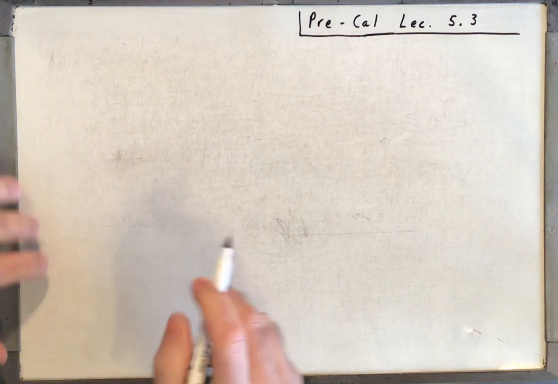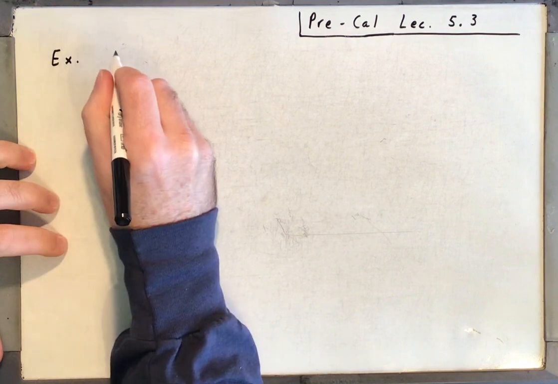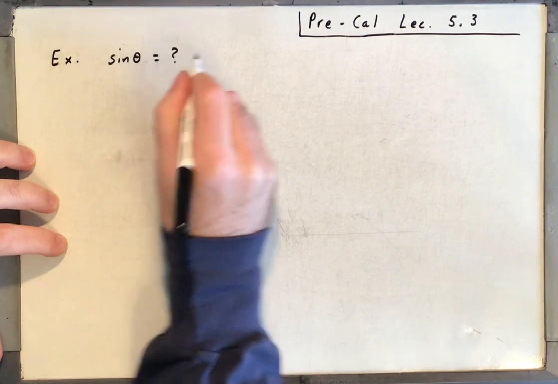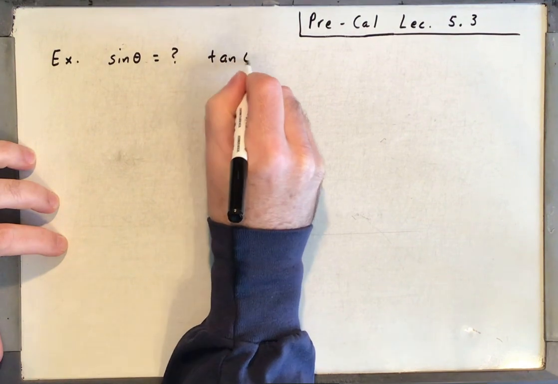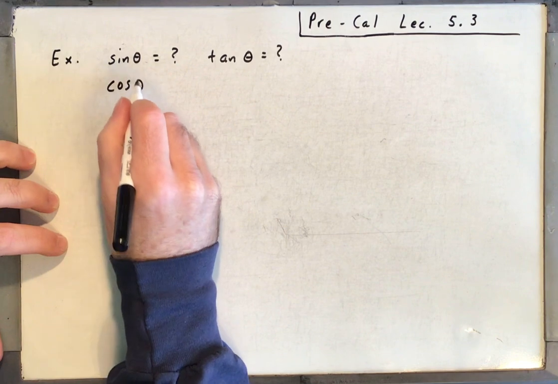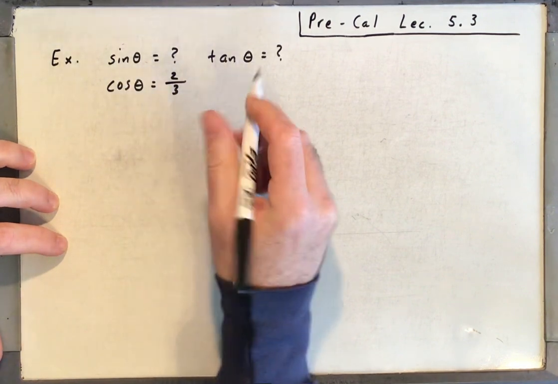All right, so our example for one of these is we want to find sine and we want to find tangent. We know that cosine is equal to 2/3. That means it's positive.